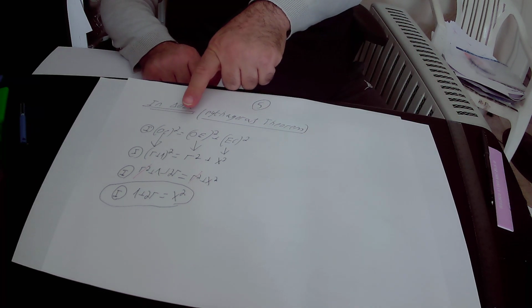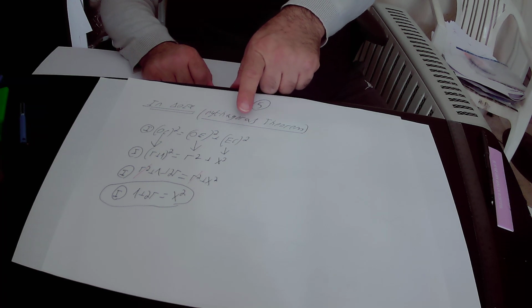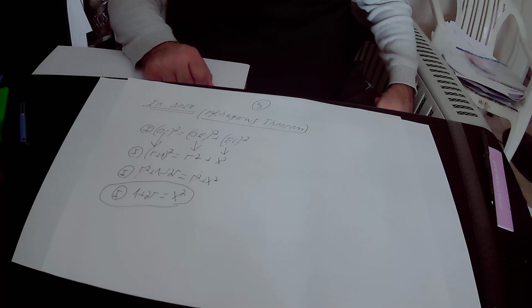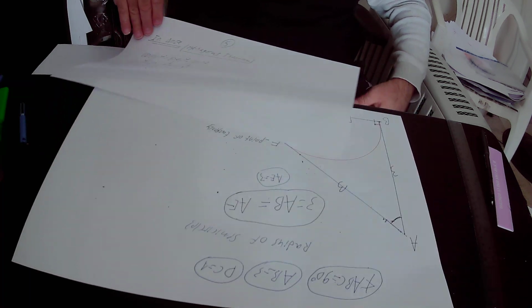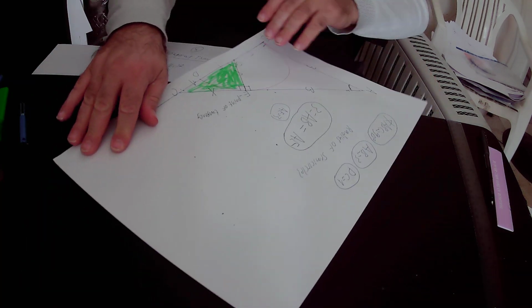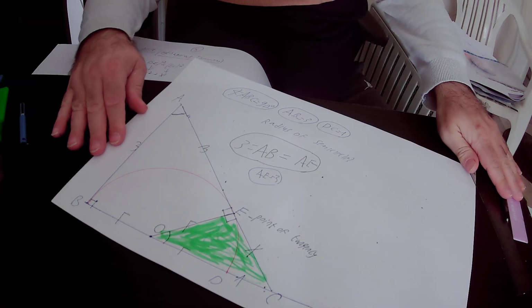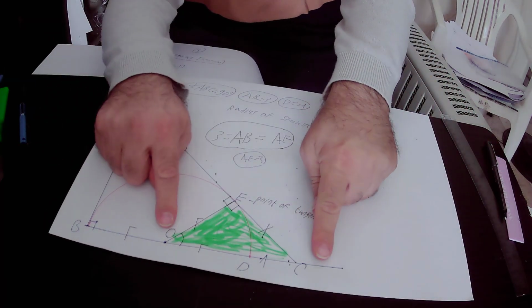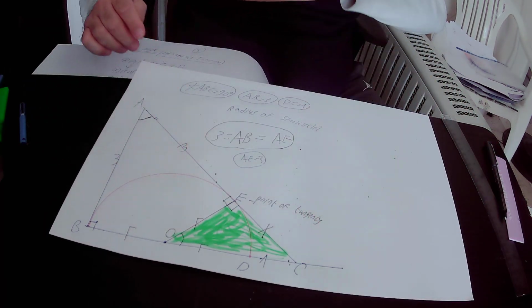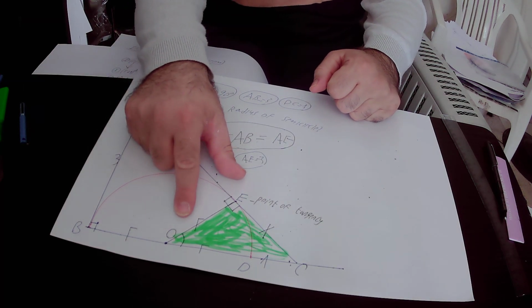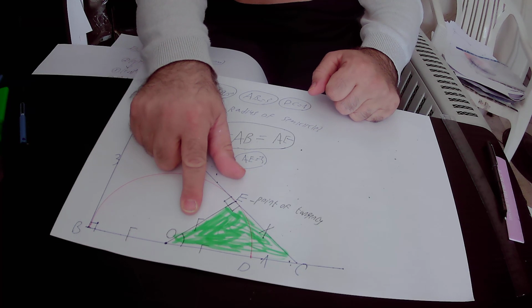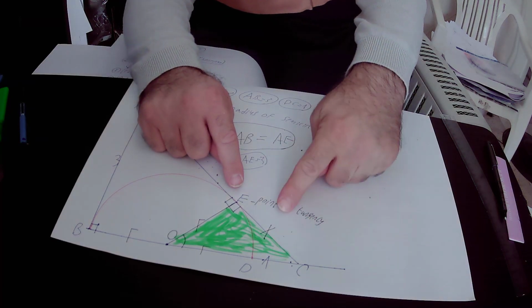That is to say, OC square equals OE square plus EC square. OC equals R plus 1, as you can see here. OE equals R, the radius of this red semicircle, and EC equals X.